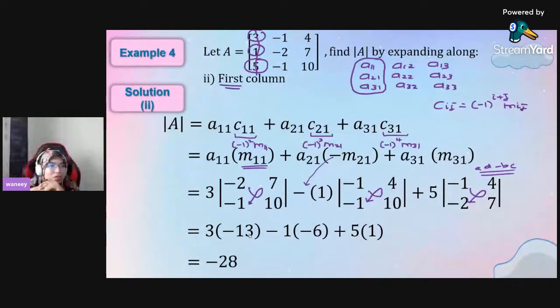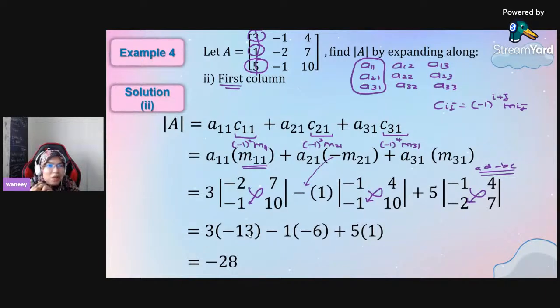Okay, so the reason why we have to know other than the question, selain daripada soalan tu minta kita guna mana-mana kolom ataupun row. Satu lagi kenapa kita kena tahu nak guna formula ni is because if you want to calculate your determinant faster, normally we are going to choose any row or any column that have 0 in it.